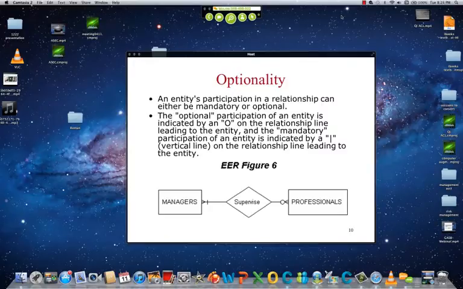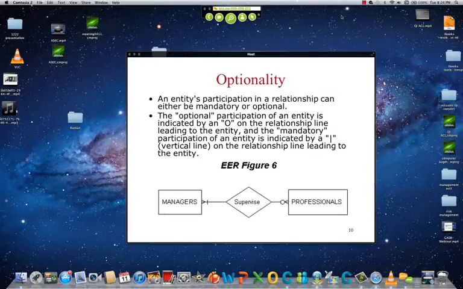And let me explain what it means. Let's start with this one. Let's decipher this circle and cross foot. Again, you start from the opposite. You say a manager can supervise either 0, none, professionals, or many professionals.